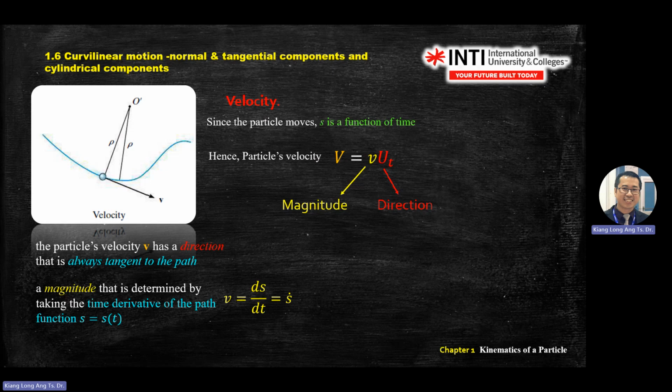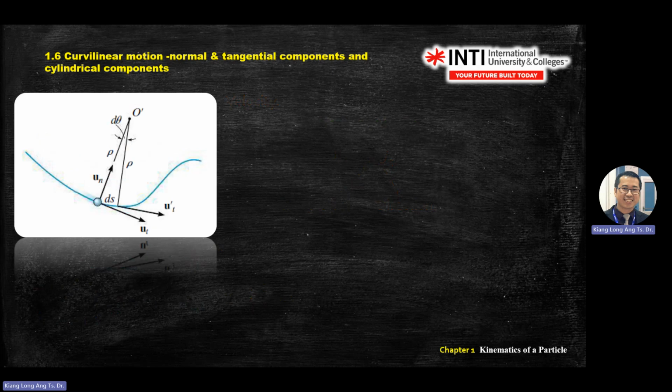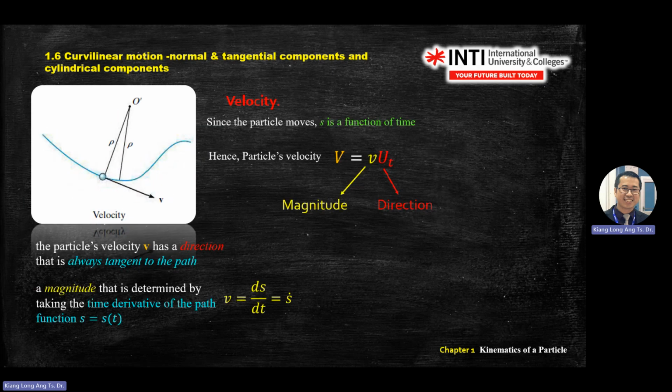So velocity has a scalar or magnitude of your V, and so on. This is just a reminder that now you're looking at velocity in vector form. Vector has two dimensions, one is magnitude, one is direction.